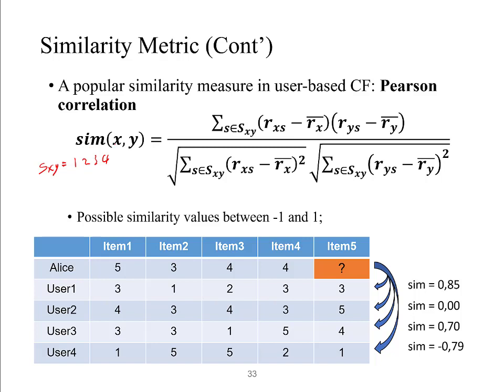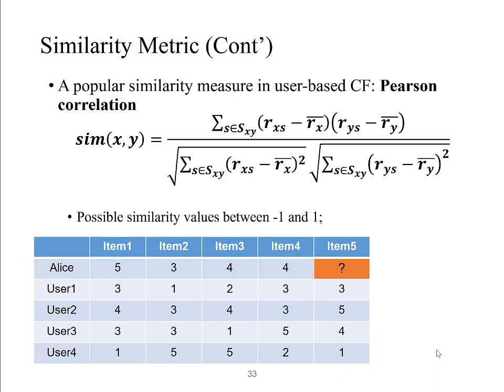If we fix X as Alice, and Y is user 1, 2, 3, 4, the Sxy is always items 1, 2, 3, 4. And if we compute the Rx bar and Ry bar, the average rating scores for these 5 rows, it's actually 4 here.